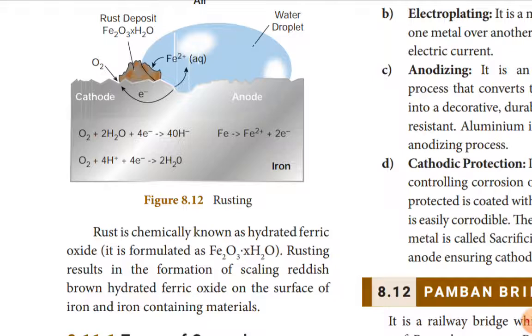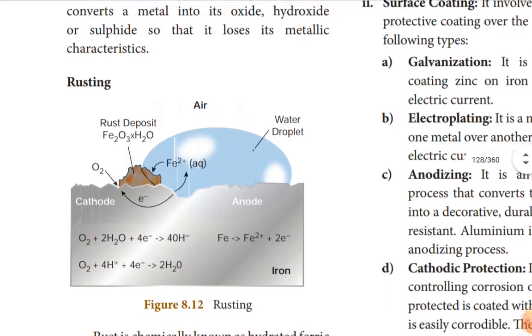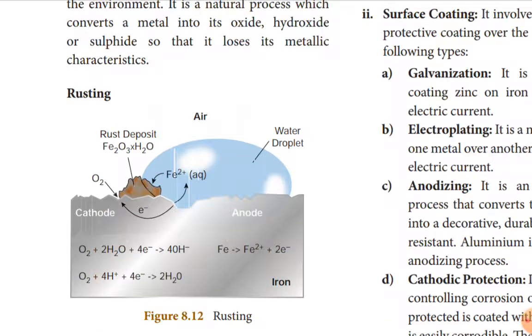So rusting results in the formation of a scaling, reddish brown hydrated ferric oxide on the surface of iron and iron-containing material. When any iron materials are outside or inside, or not in use for a long time, they come in contact with oxygen, water and carbon dioxide.